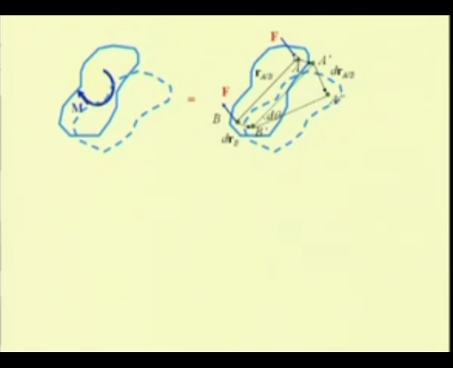The movement of A to A double prime has been decomposed into a pure translation, where the translation of point A to the new position A prime is equal to the translation of point B to B prime.